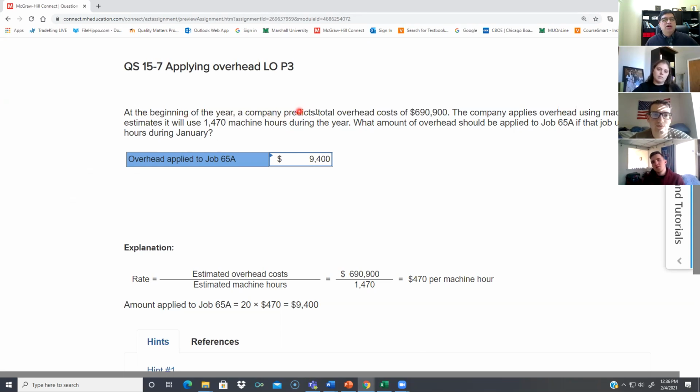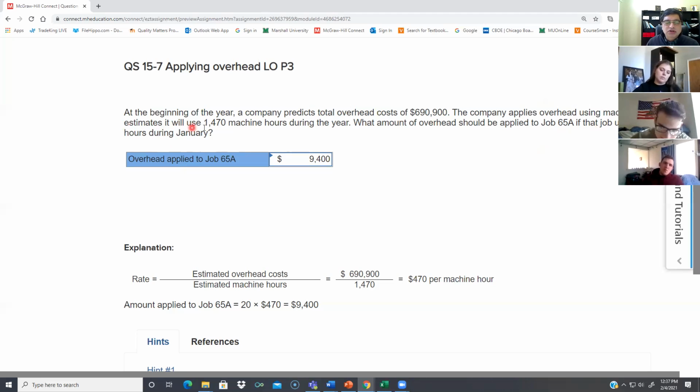At the beginning of a year, we are predicting the overheads to be, or budgeted overheads are 619,900. It applies overhead based upon the machine hours. That means the machine hours is the basis in this case. Like instead of number of items or number of customers, machine hours is the basis of allocation.